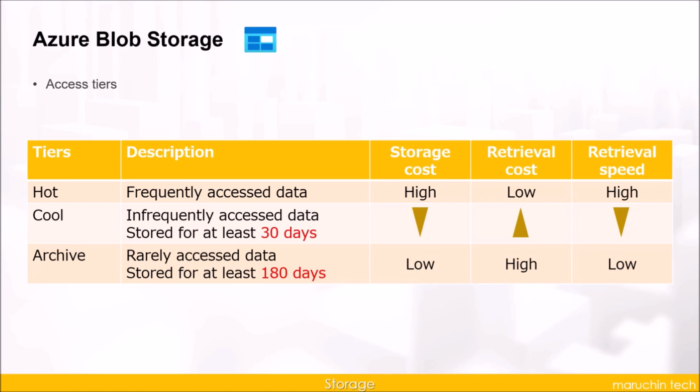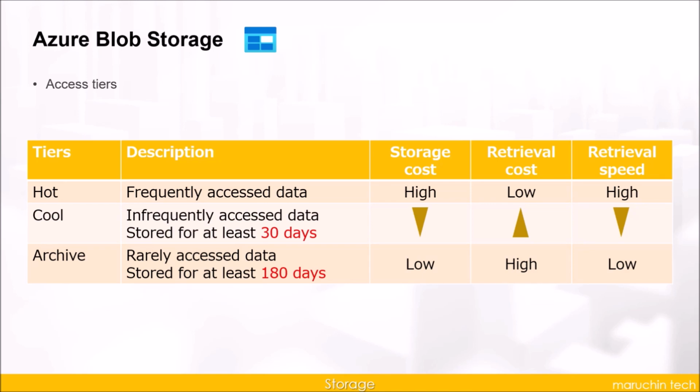The cool and archive tiers have a minimum storage period. For example, if you delete data in the cool tier in less than 30 days, you will still be charged for 30 days of storage. You can also use lifecycle management.